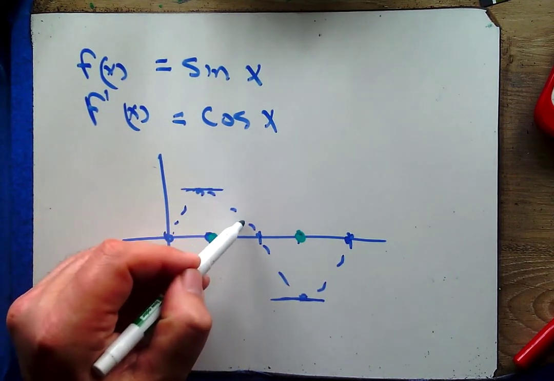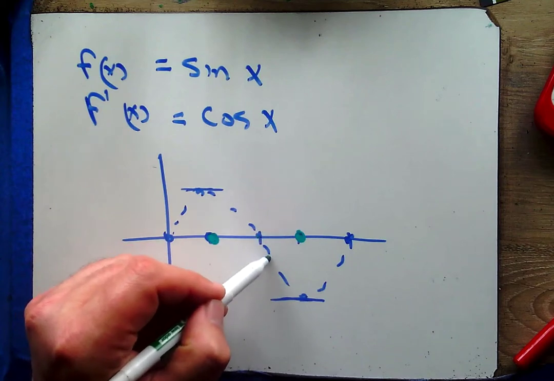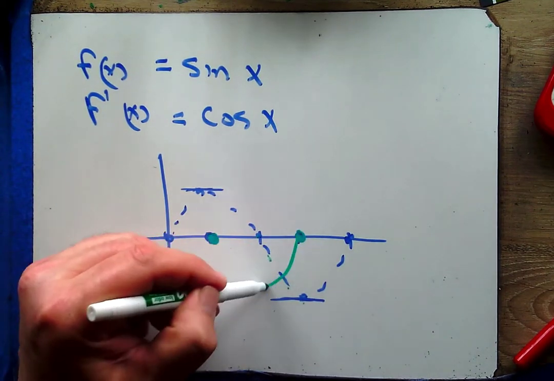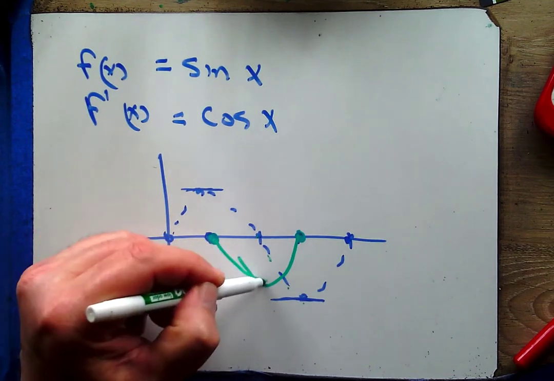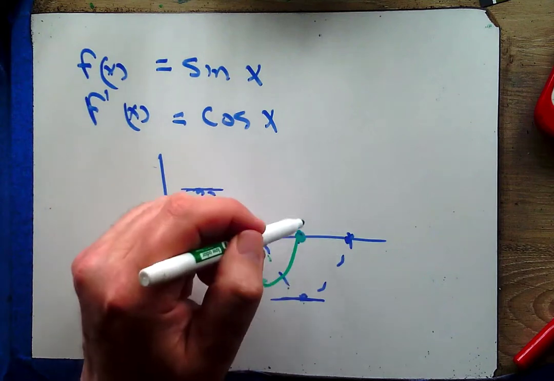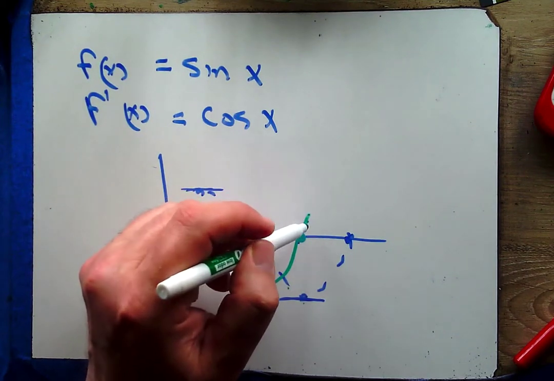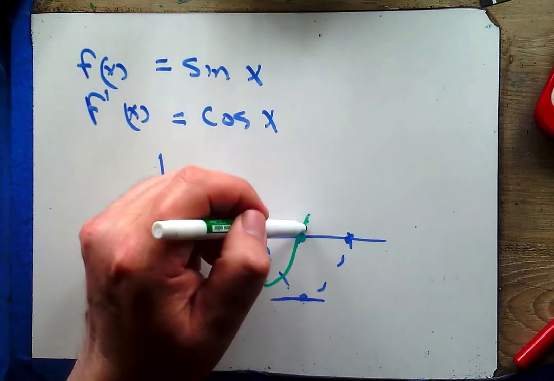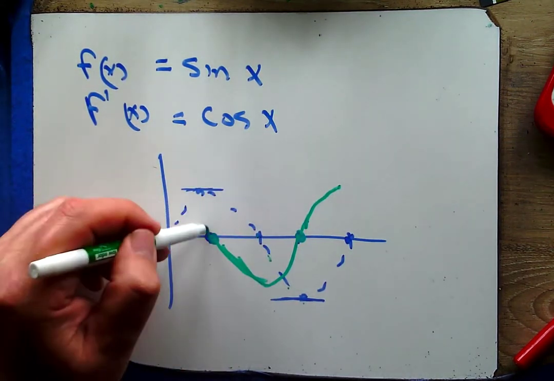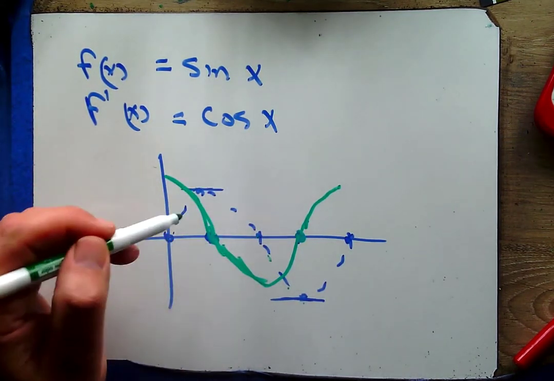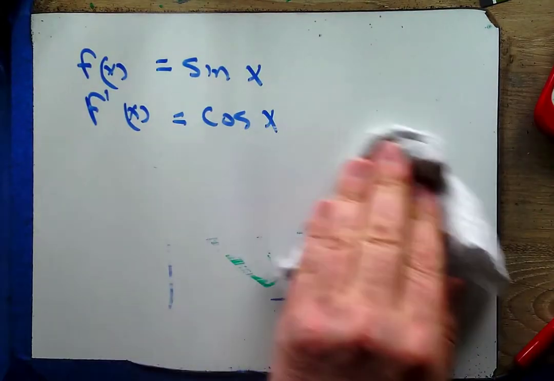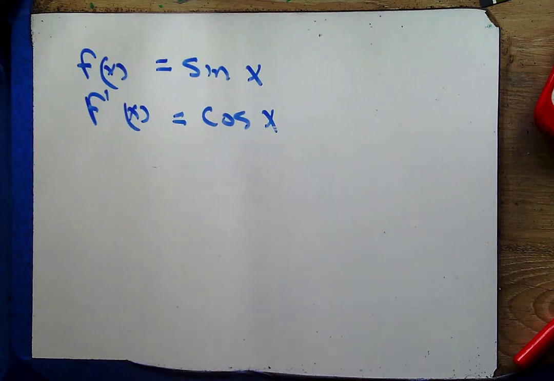Near zero, more negative, most negative, less negative, back to zero. So that's going to be like this. And here we have a little positive, more positive, and that's as positive as they get. And over here as well. So we know essentially graphically that cosine is the derivative of sine.